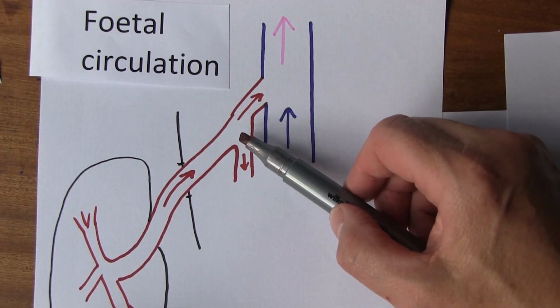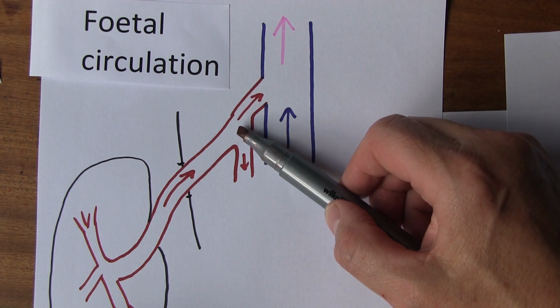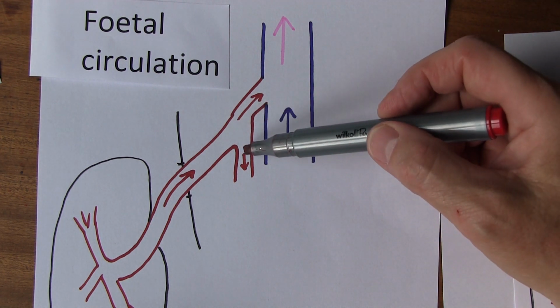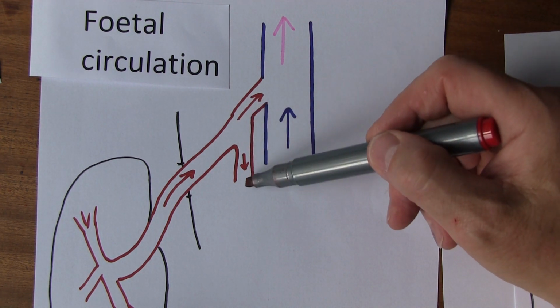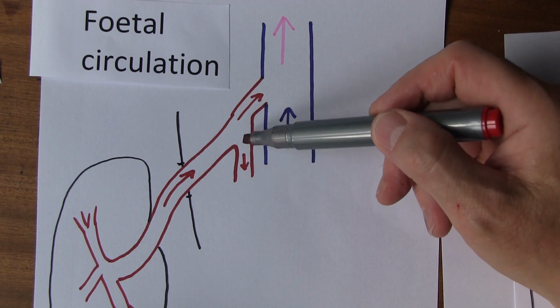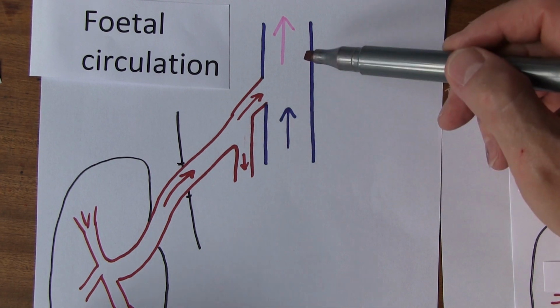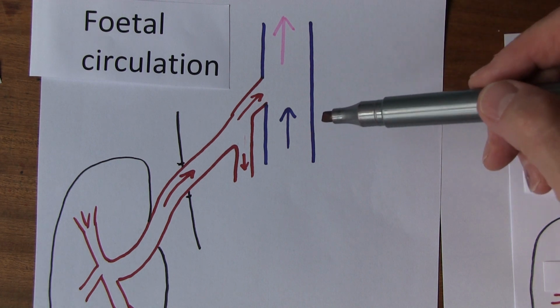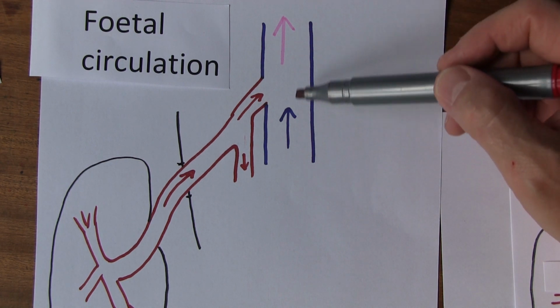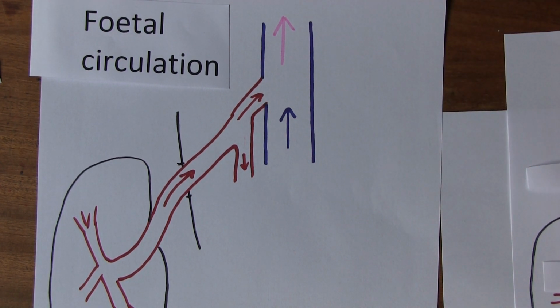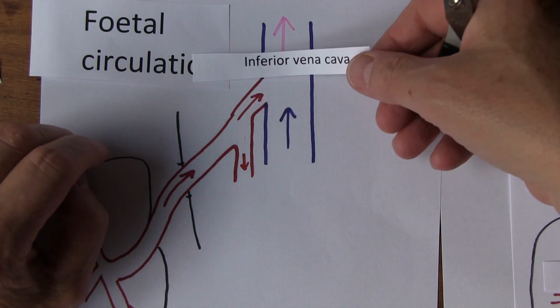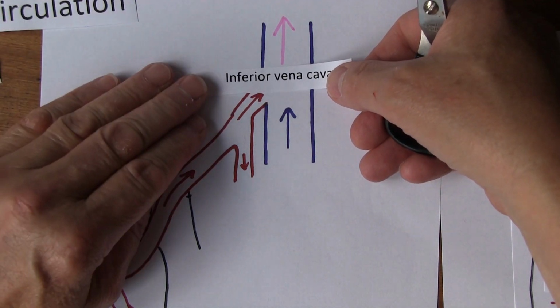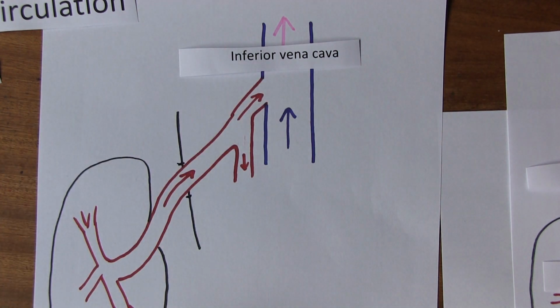And then at this point, the umbilical vein is going to divide into two. Here it connects with, this becomes the hepatic portal vein, and that takes blood into the liver. But this vessel here is the inferior vena cava. So this vessel I've drawn in blue here is the inferior vena cava, running up here, taking blood back towards the fetal right atrium.